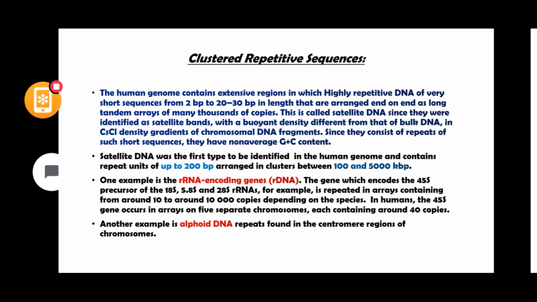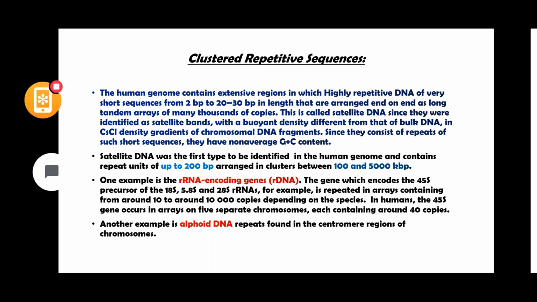That's why it shows a separate band when we run density gradient centrifugation. But when you run centrifugation for minisatellites and microsatellites, you will not get one, because their copy numbers are much lower compared to satellite DNA.